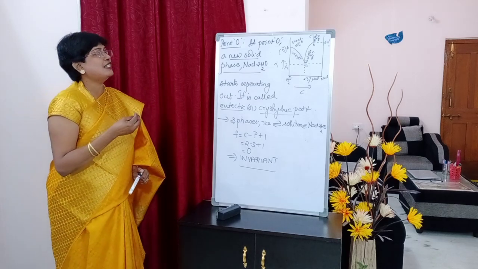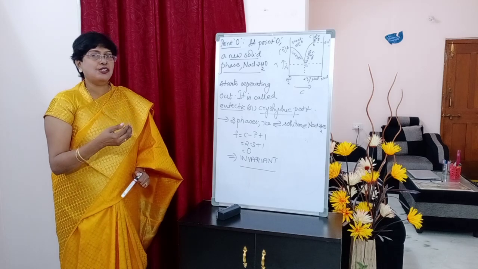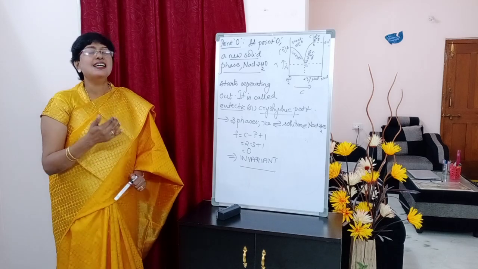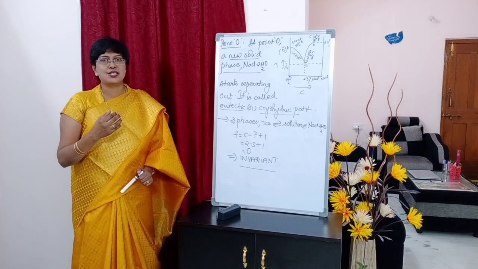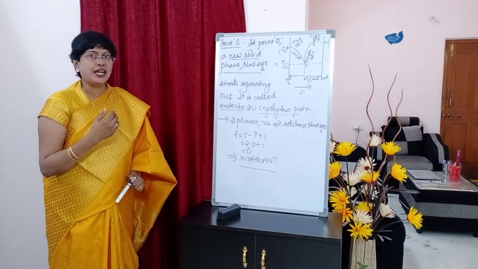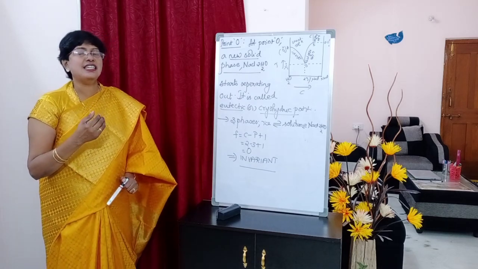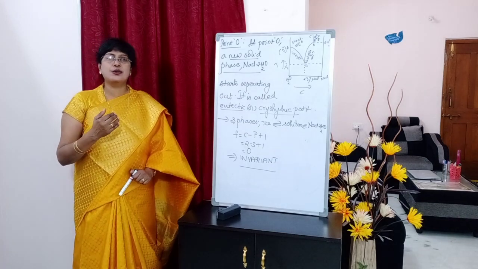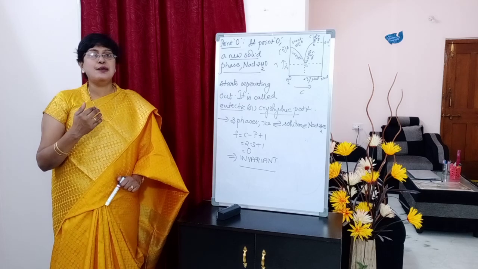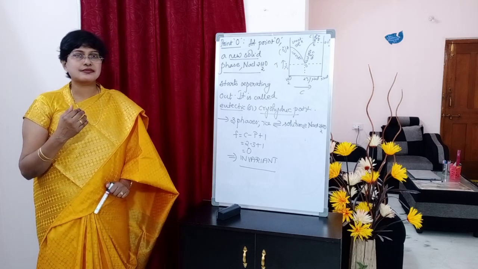What are the three phases, students? Ice, solution of salt and water, and the new compound, that is NaCl·2H2O. At this point, three phases, that is ice, solution and NaCl·2H2O, exist in equilibrium with one another.